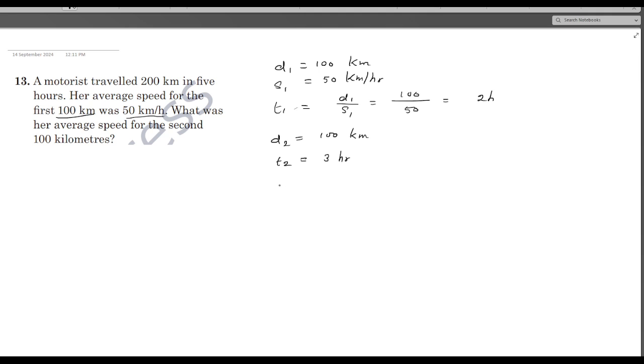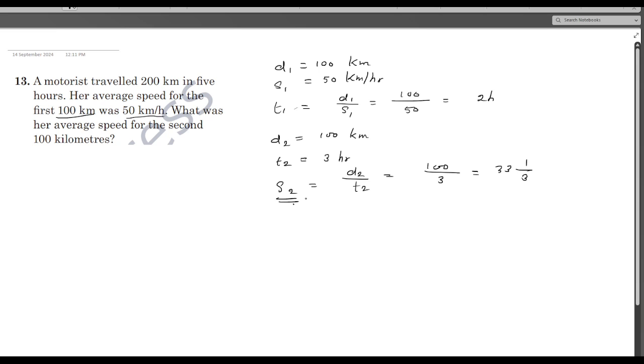You have to find out what is your s2. So your s2 is your d2 divided by t2, that is 100 divided by 3. So it is 33 1 by 3.